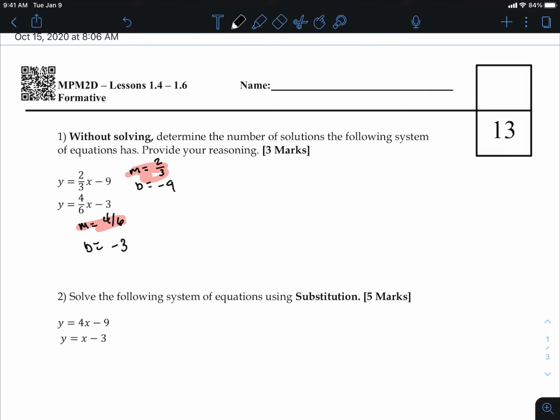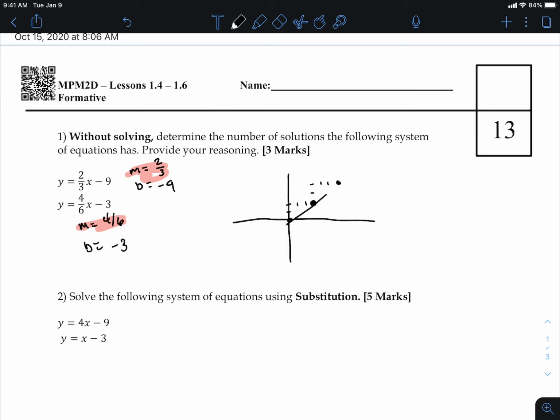And the other reasoning is if you were to go onto a graph and count the slope, the first one was up 2, right 3, assuming I started from the origin. Then I did it again and plotted again.